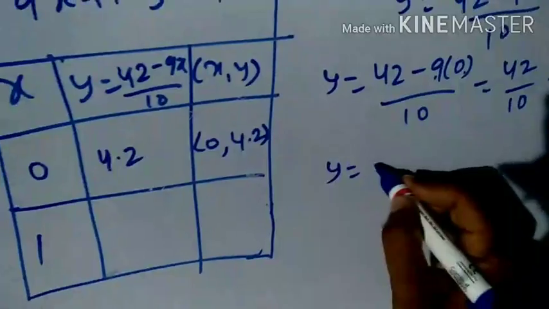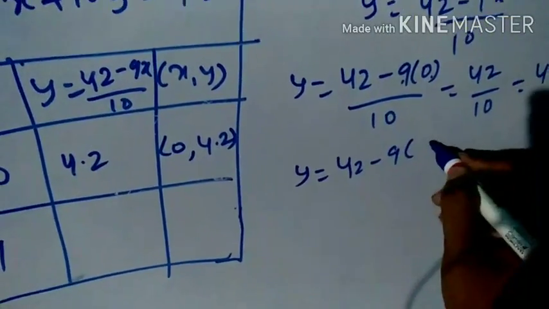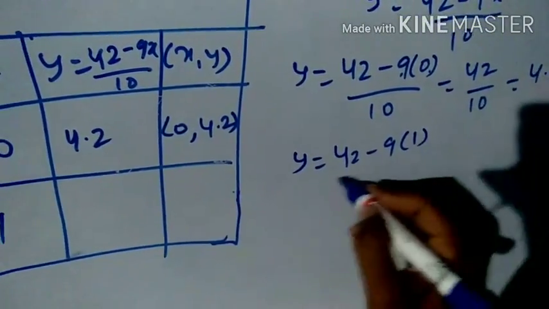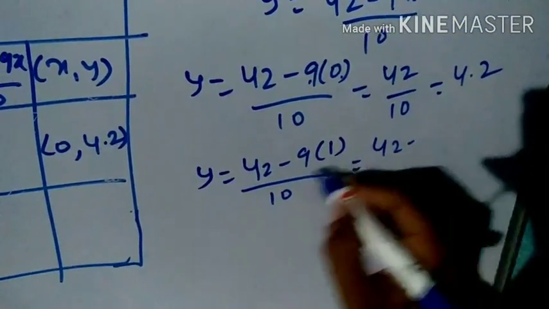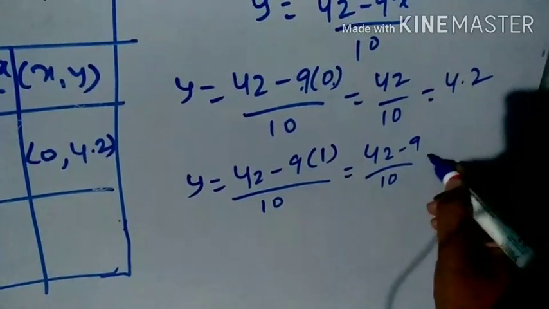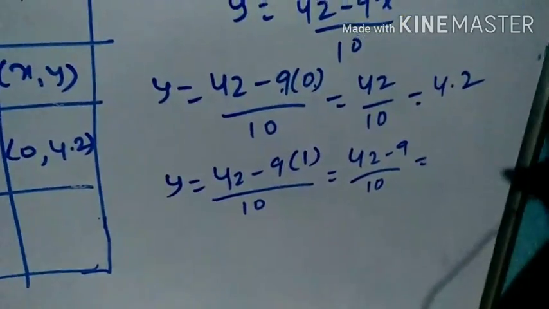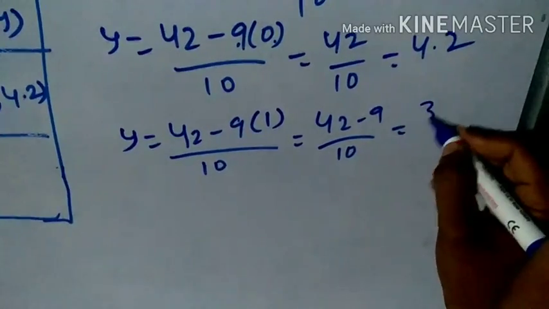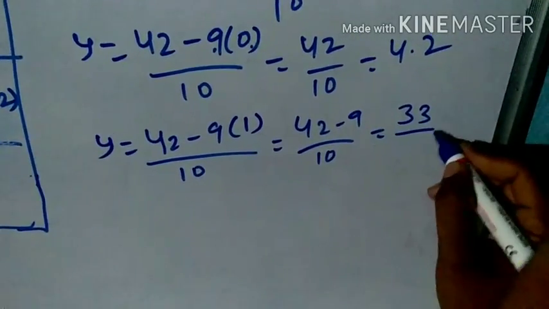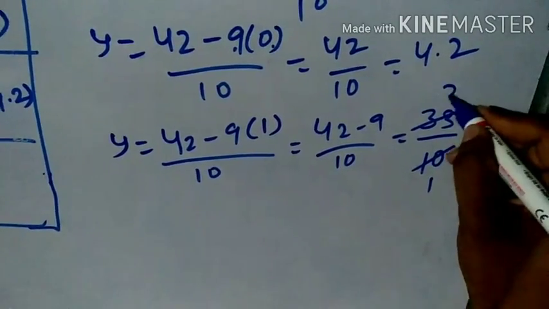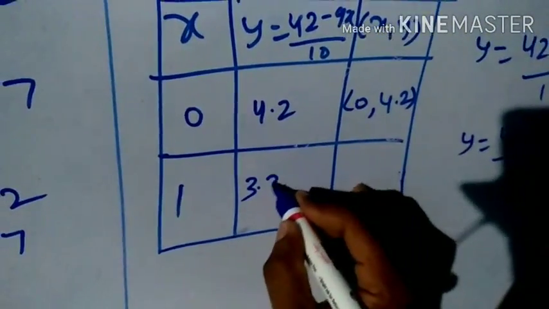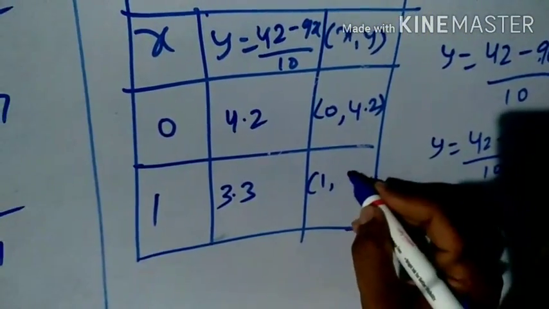Substitute, y is equal to 42 minus 9 into 1 by 10. 42 minus 9 is 33, 33 by 10 is 3.3. So the point is 1 comma 3.3.